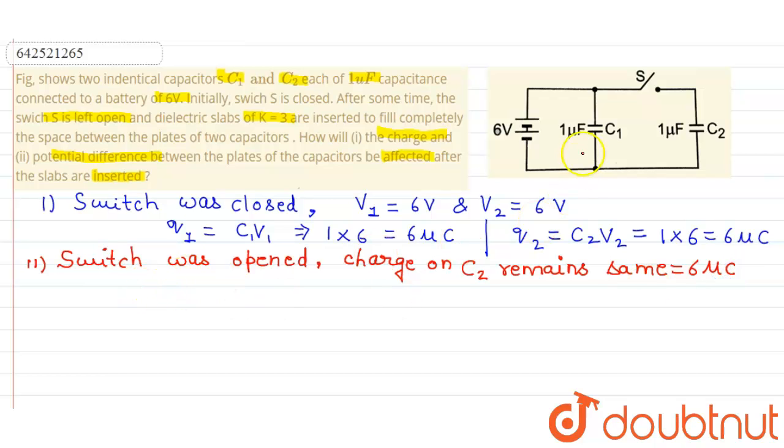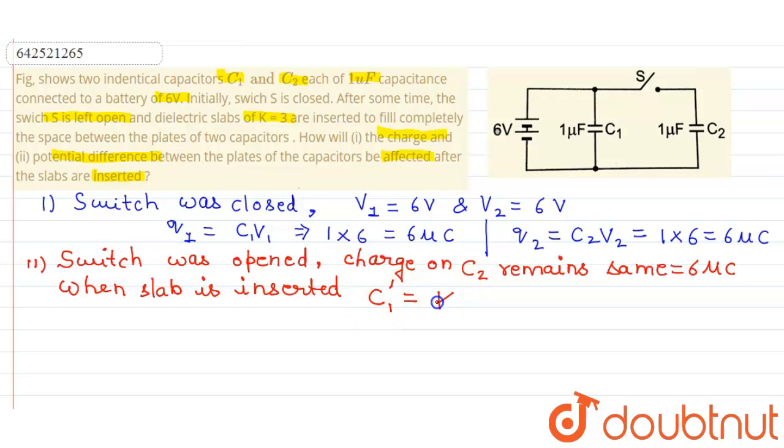But the capacitance changes when we insert the dielectric slab with K equal to 3 between the plates of C1 and C2. When the slab is inserted, the new capacitance, C1 dash, is the new capacitance of the first capacitor.